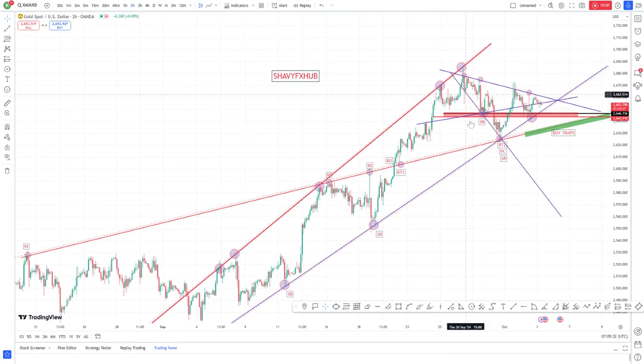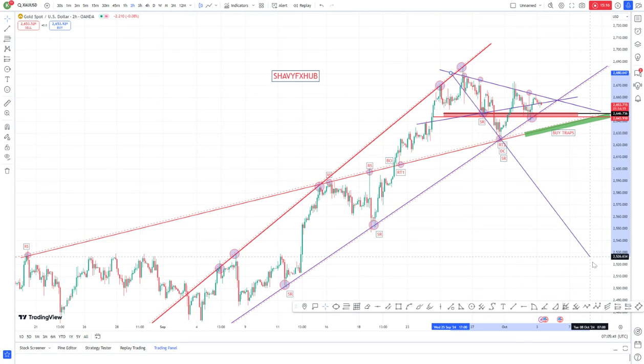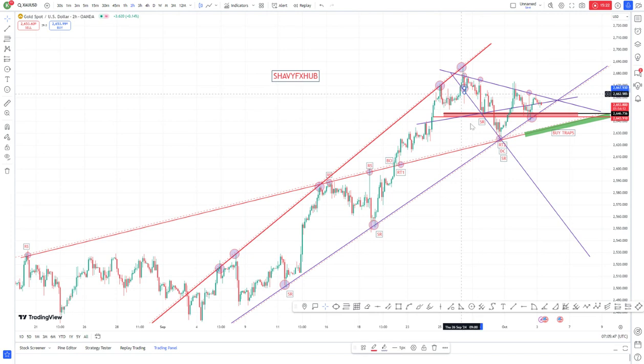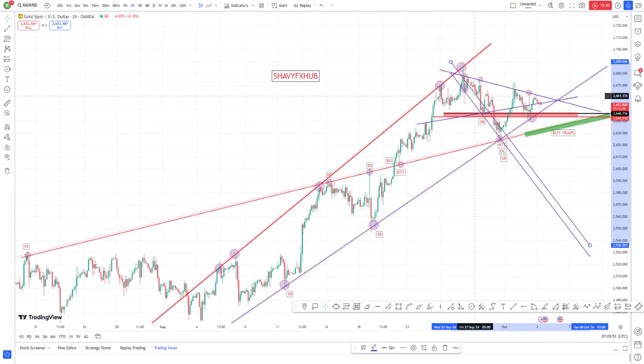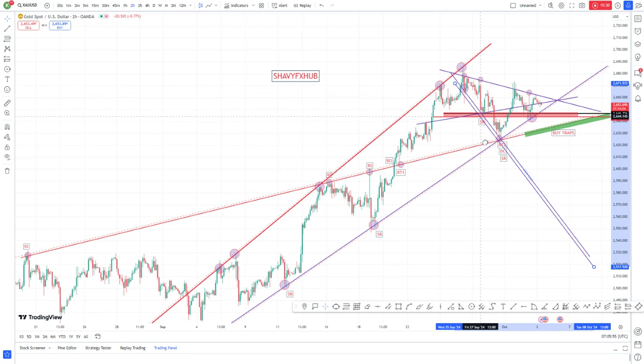So when you look at it, we have here support, support, support. So we continue to play down. We will continue to play down in the support zone. So I want to see how price will play into the lowest support trend line.